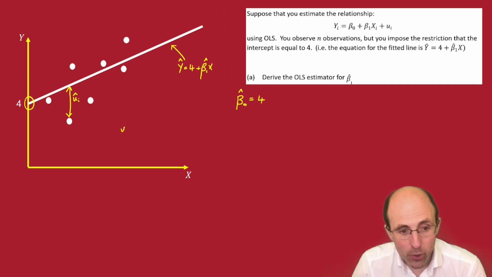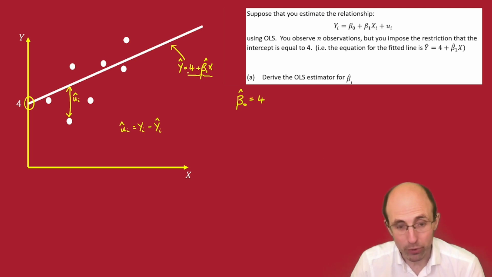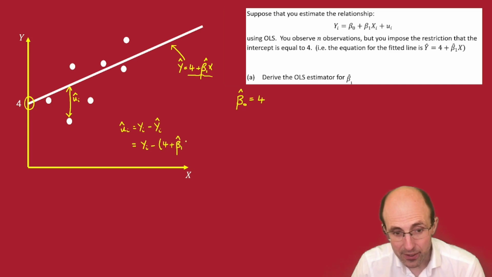Remember, ui hat is just equal to the observed value of y minus the fitted value of y, but we know that the fitted value of y is equal to 4 plus beta 1 hat x, so our fitted residuals are going to be equal to yi minus (4 plus beta 1 hat xi), or this is going to be equal to yi minus 4 minus beta 1 hat xi.